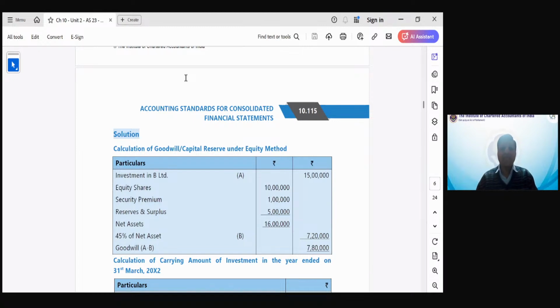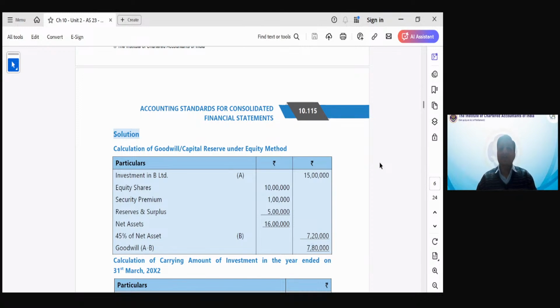But to begin with, this is our opening number. Understood? Okay. So now we are getting a goodwill of 7 lakh 80,000. But this goodwill is on the date of acquisition. Please remember.